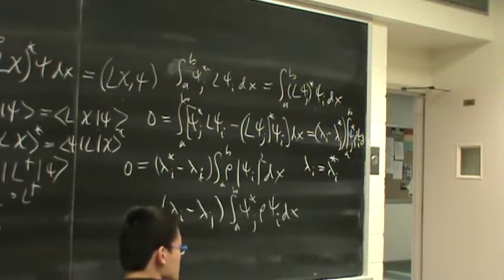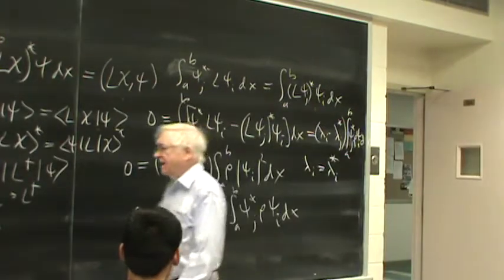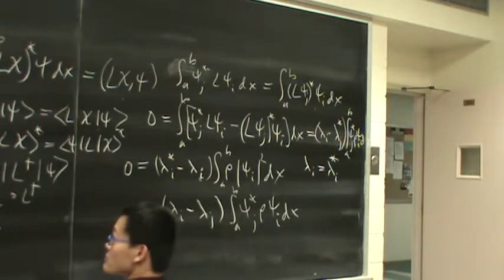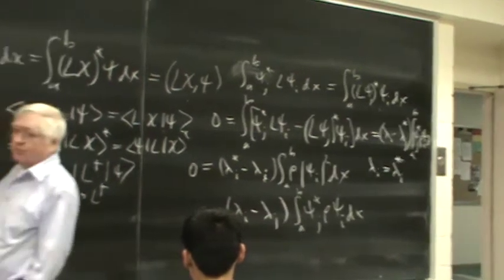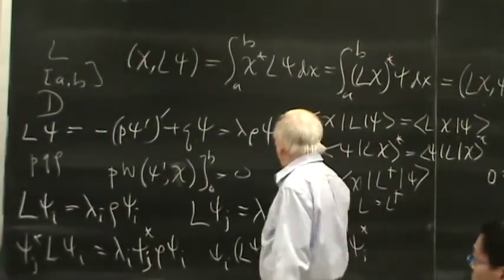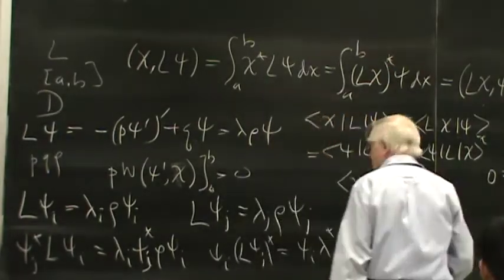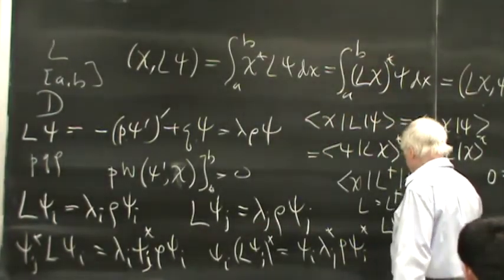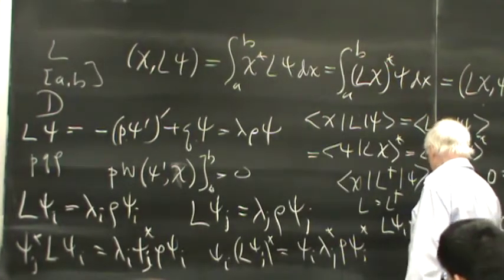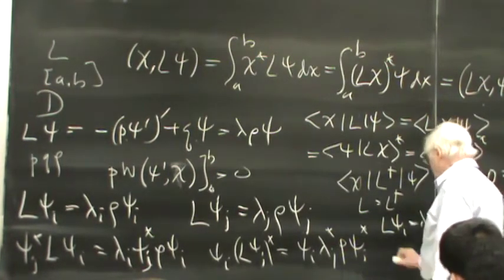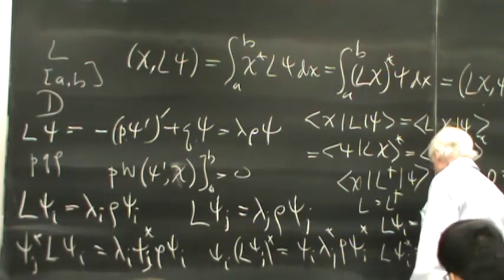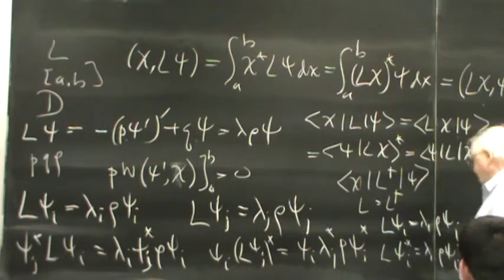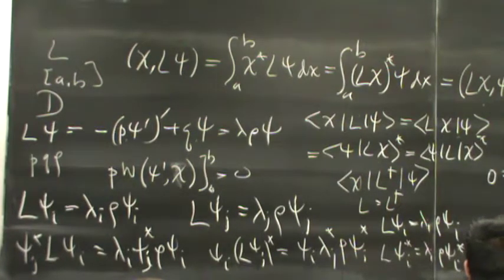Now if you look at this, since the lambdas are real, the rhos are real, and L is real, involving P and Q, which are real, you can say that not only do we have L psi I equals lambda I rho psi I, but L psi I star equals lambda I rho psi I star. And so now you can subtract.